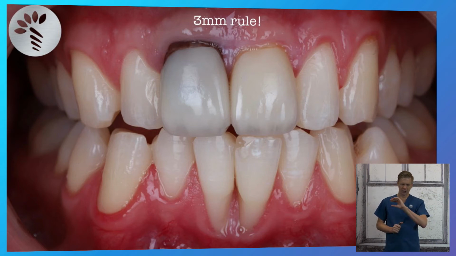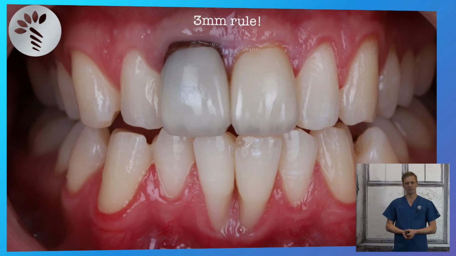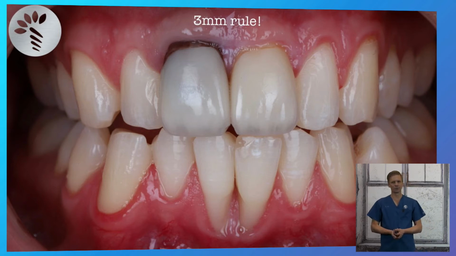Now the second part of the 3mm rule is that the base of the papilla must be 3mm wide. If you look at those lower teeth, you can see that there is no chance of bringing that tissue back to where it was, at least not for ordinary mortal surgeons.